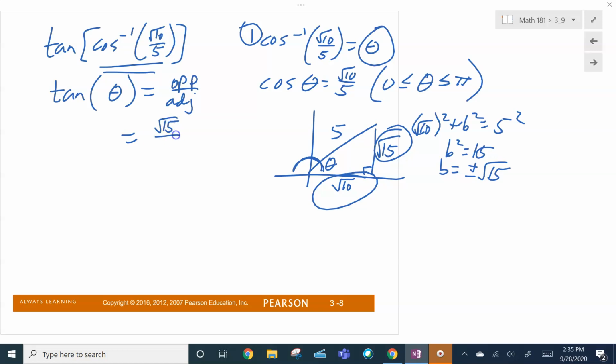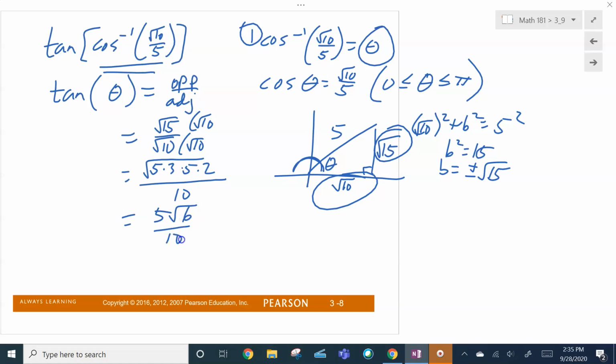Root 15 over root 10. If you rationalize that, root 15 times 10, so 5 times 3 times 5 times 2, there's the 15, 10, all over 10. So we get 5 root 6 all over 10, or root 6 over 2. That's what the tangent of the arc cosine of root 10 over 5 is.